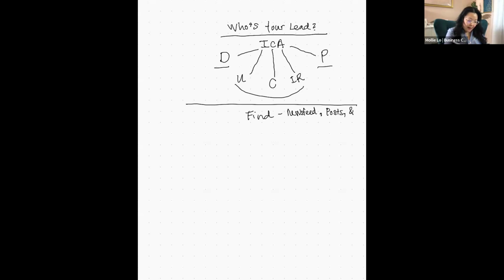All right, okay. Now, when I'm talking about finding your ideal clients on LinkedIn, your lead generation strategy under the find component, that pillar, means that you are doing things outbound, okay? You are the hunter. Now, for those of you who have been a recruiter in the past, okay, this is what we would call sourcing.